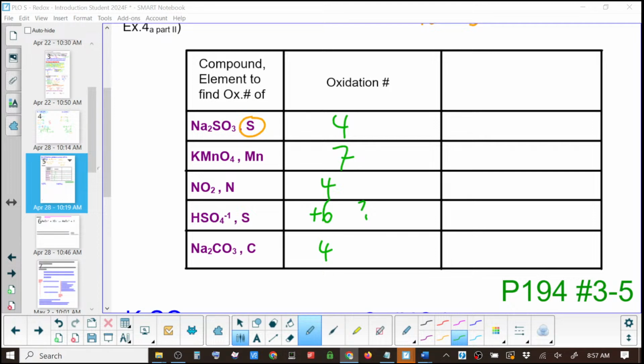I got the same answer for both. Three is plus 1, but 4 is also plus 1. No, it's minus 1. 4 is minus 1? Yeah, because what equals minus 1?